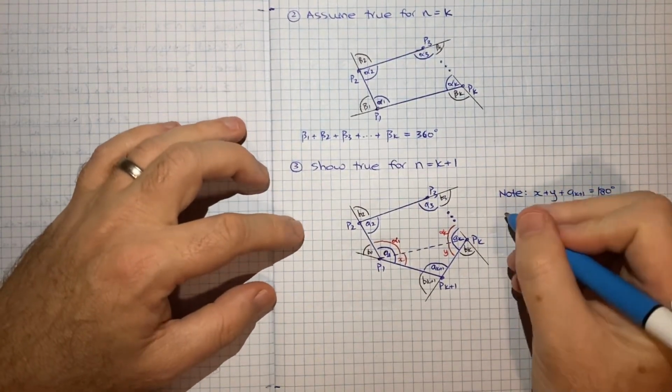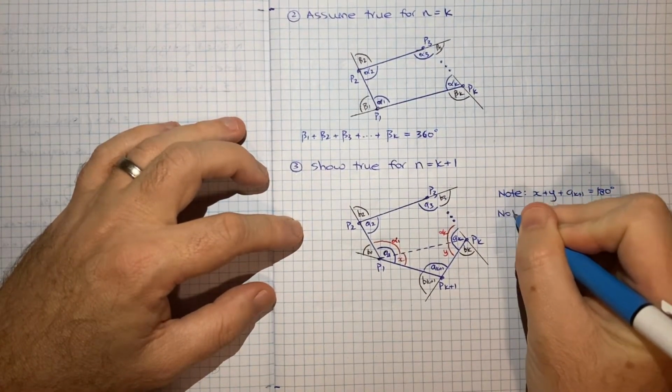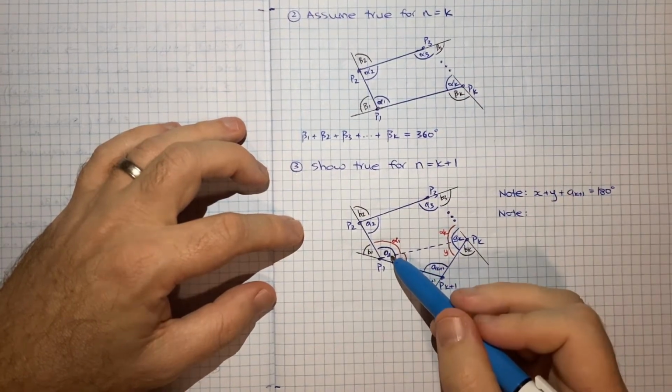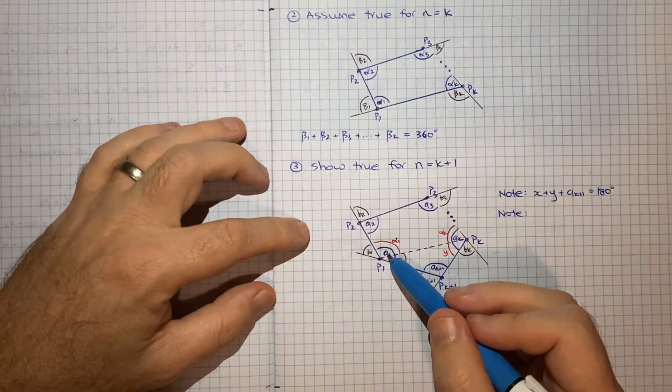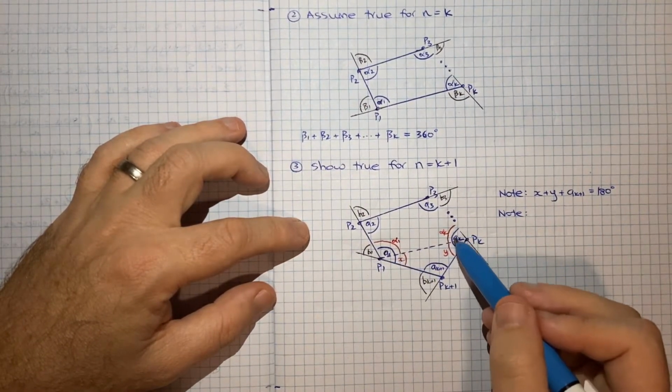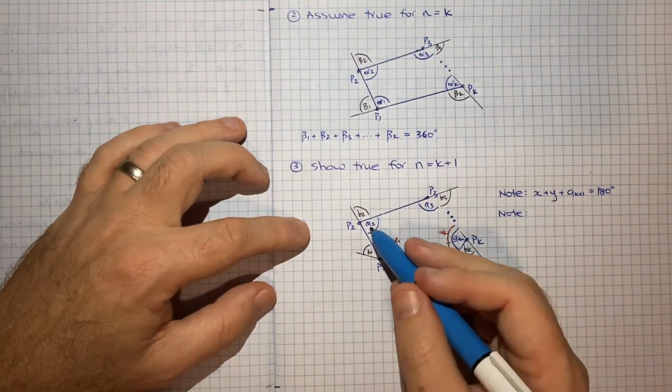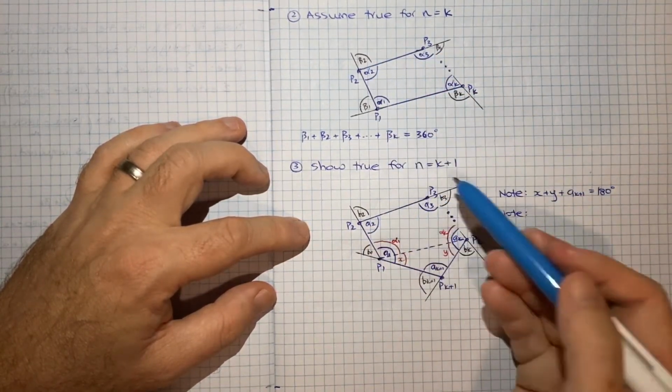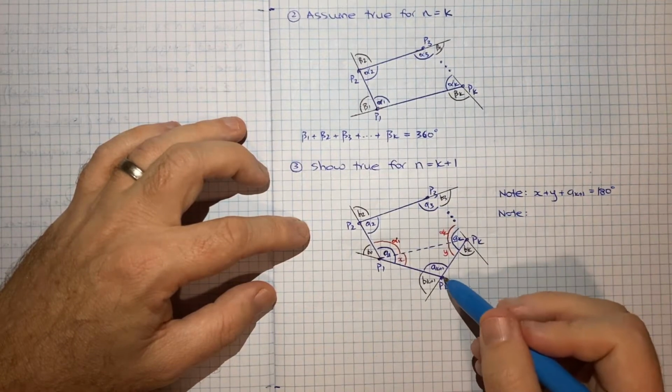Some other things worth noting, maybe I'll note these over to the side. Whilst A1 and AK are different, all the other interior angles haven't really changed. They don't theoretically change as a result of adding an extra point.